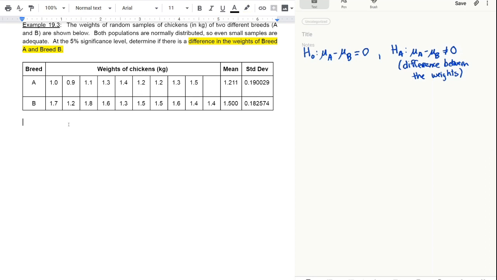So now let's check the assumptions and conditions for performing the test. So we have independent responses. Okay, so here we're looking at the weights of chickens. So within each breed of chickens, the weight of one chicken should not affect the weights of other chickens.